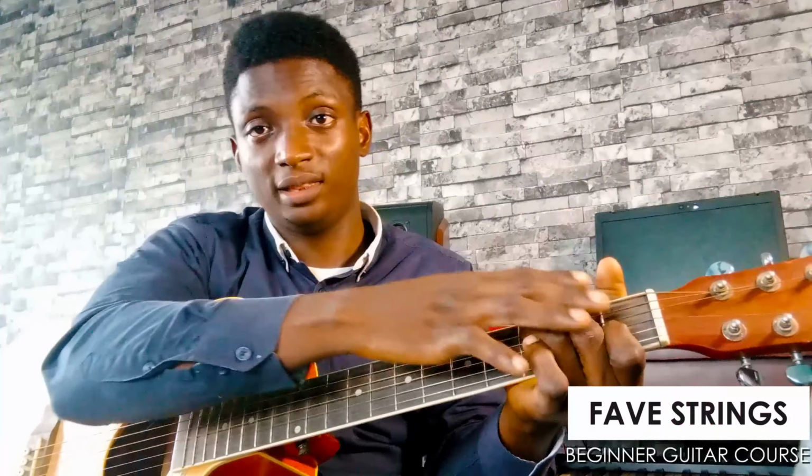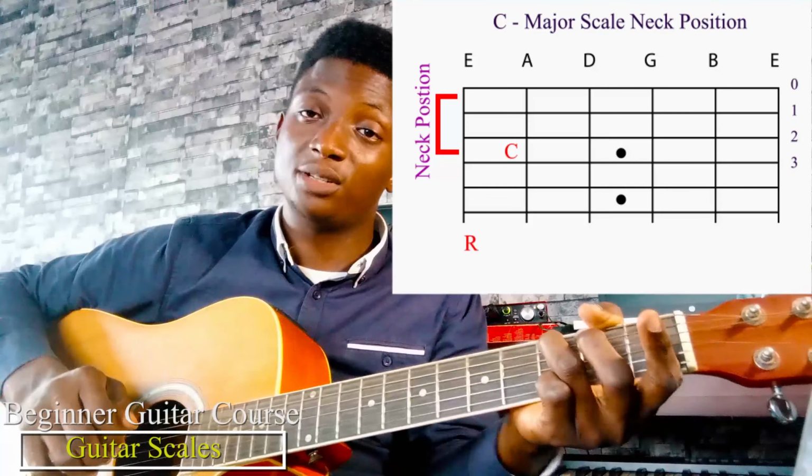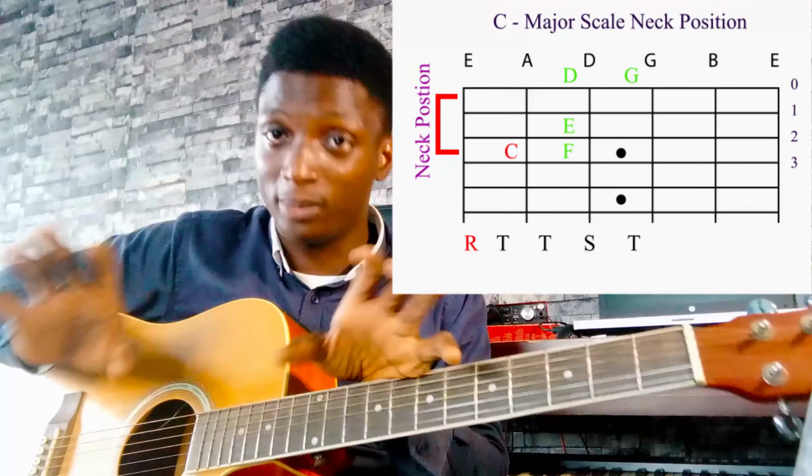So now we've done the key of C and E. Let me now teach you the neck position. Let's play the same thing we played, on the neck, right? So start from C. The C major scale is the easiest. You can get any major scale from the chromatic scale.